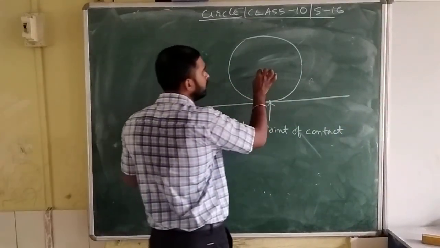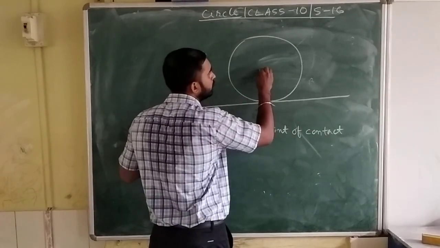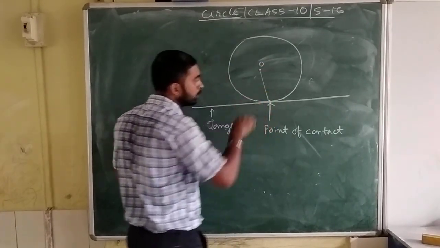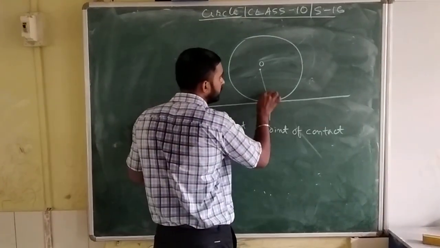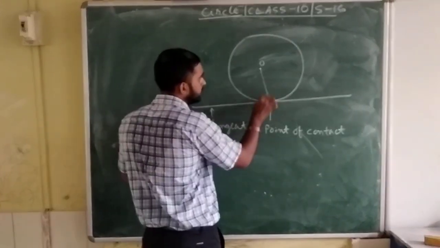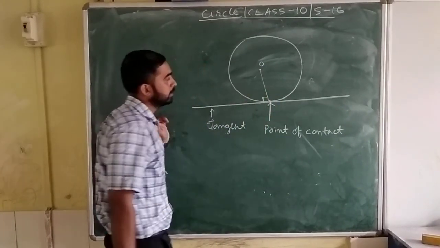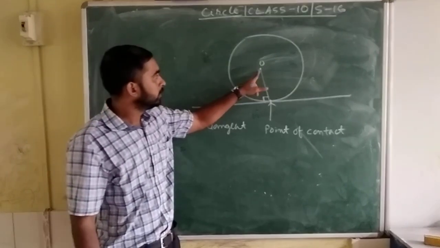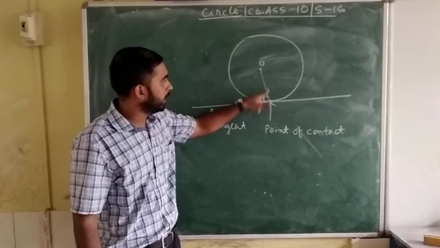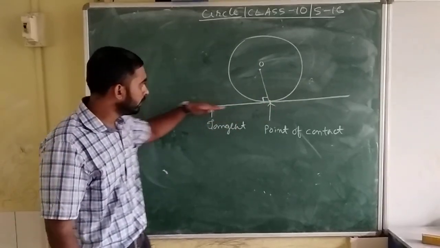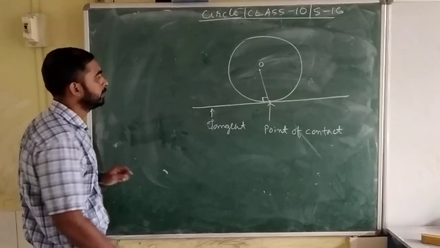If we draw a line from the center to the point of contact, that is the radius, and the angle between the tangent and the radius at the point of contact is 90 degrees.